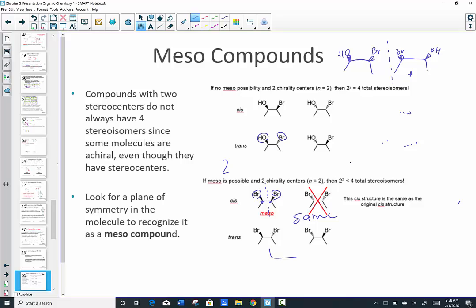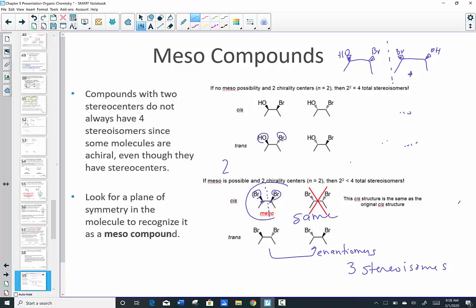The trans produces enantiomers, but there is no enantiomer for the cis configuration, so now all of a sudden we only have 3 stereoisomers for that particular compound. 2,3-dibromobutane has only 3 stereoisomers because there's a plane of symmetry in the cis configuration.